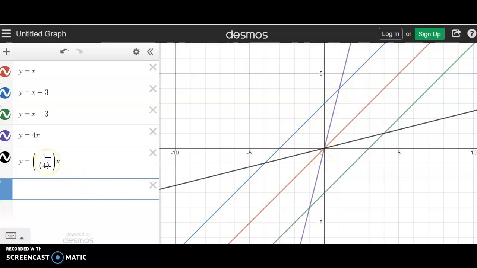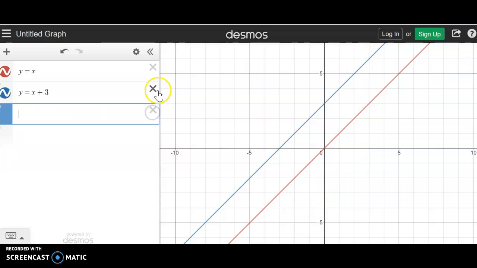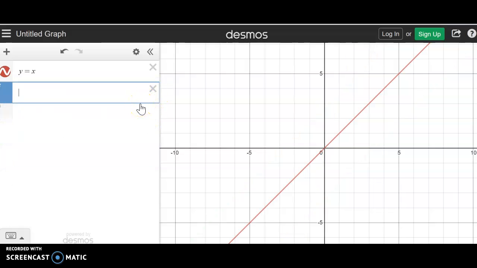Multiplying by a number less than 1 will cause the parent function to be less steep. Okay, I'm going to erase a couple of these because it's getting too crowded.